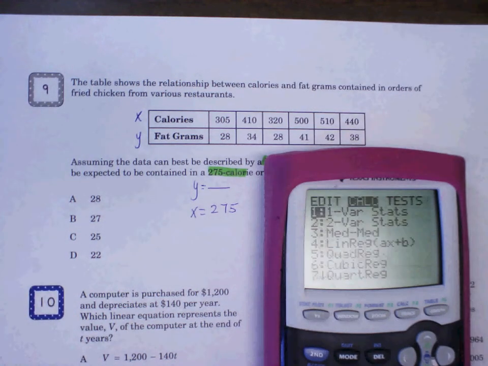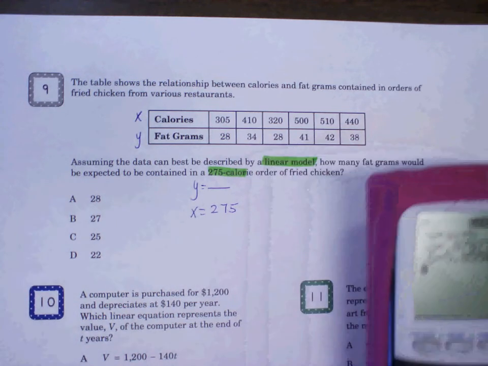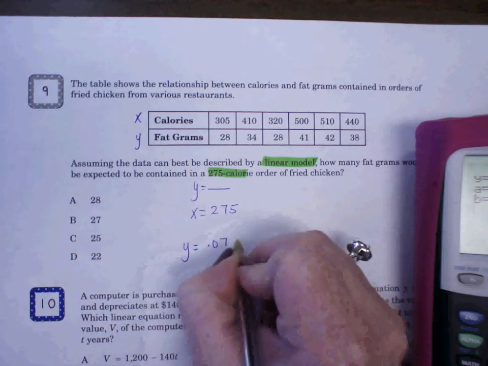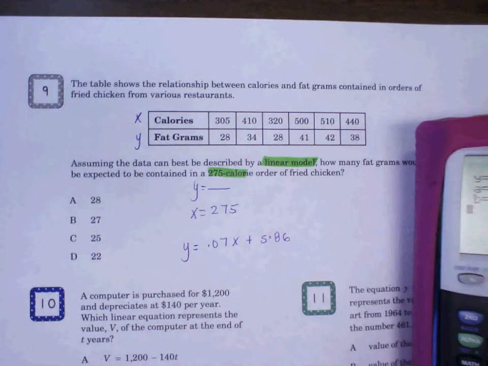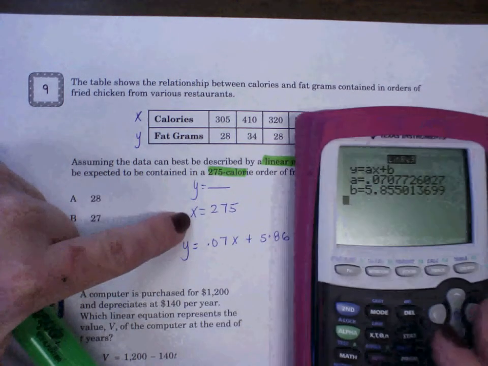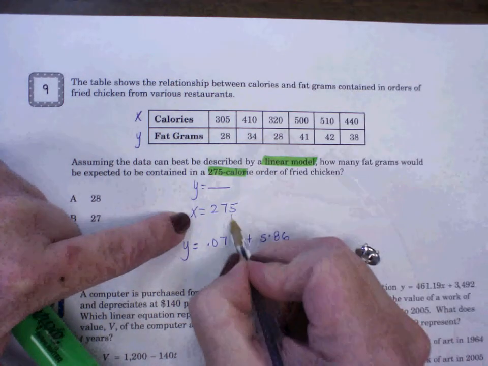Then I'm going to go ahead and do stat. And the equation of the line is y equals 0.07x plus 5.86. Now, I do not want to go all the way to 275. That's my linear regression on x. So I'm going to plug in that x over there.